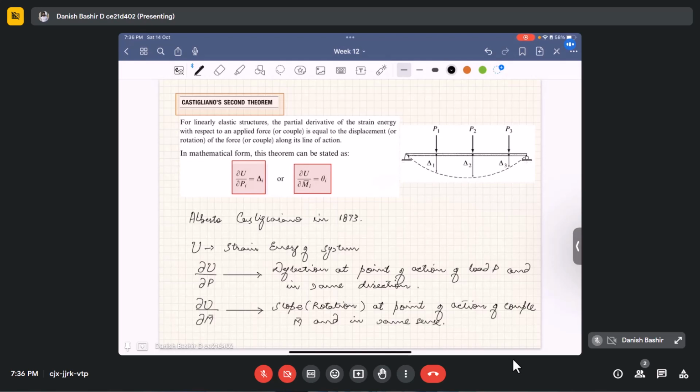What it means is that if the couple was acting in a clockwise direction at a particular point, and we took the partial derivative of strain energy with respect to this couple, our rotation or slope will also come in the clockwise direction, and vice versa.